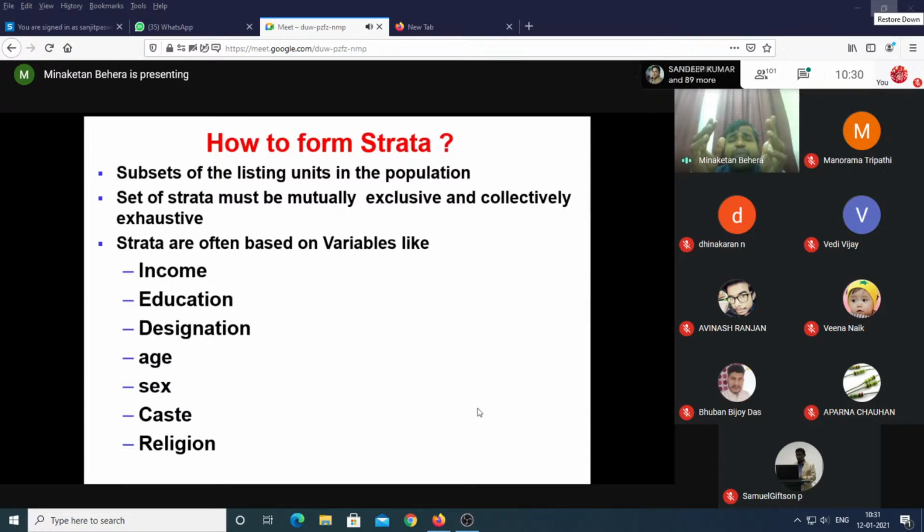Similarly, religion. It is the researcher's duty to select a group, or strata, on the basis of these parameters. And remember one thing: the characteristics, nature and features within a strata or group should be similar, and among the groups they should be different.